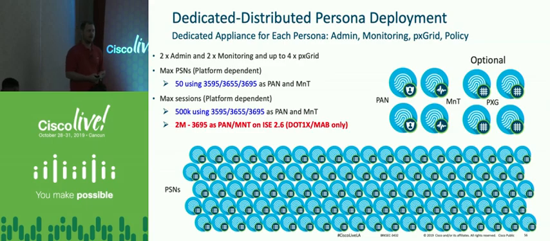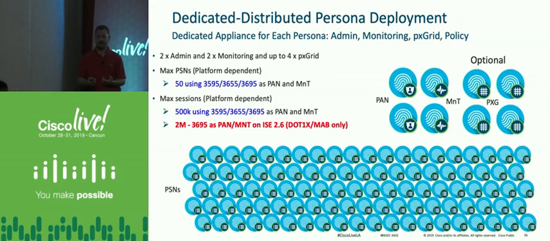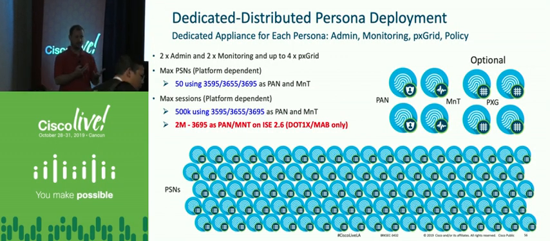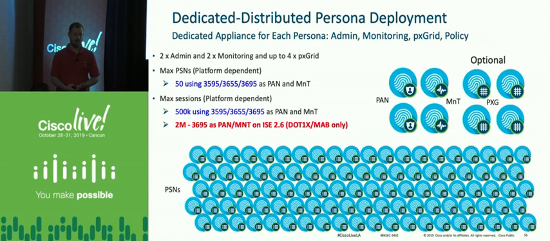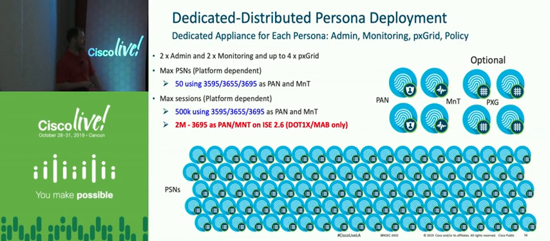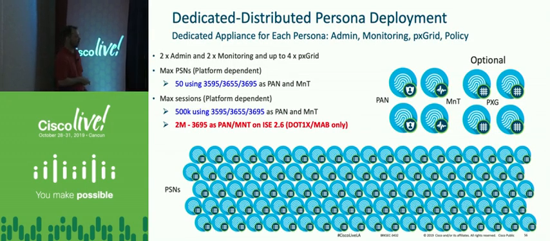So if you're doing additional services like profiling and posture and web redirect and guest, that number does go down, and you should be using the existing 500K number. So all services turned on, we're still at 500K for the deployment. If you're really focused on only .1x and MAB, then we can go up to that 2 million mark.